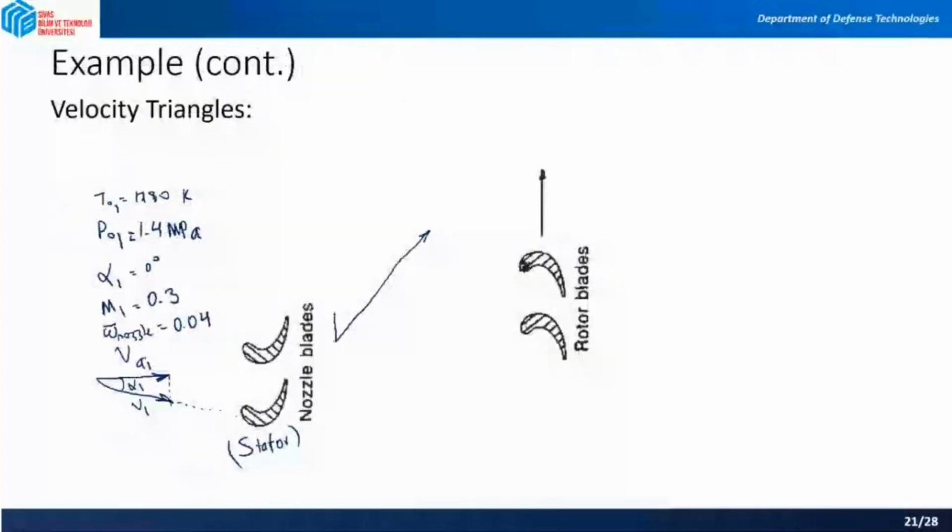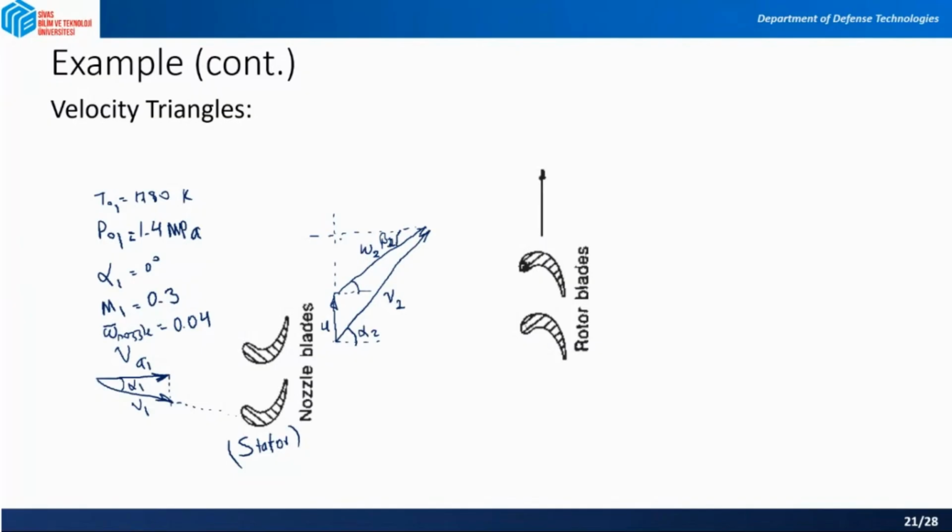So this is your U, and we know that U plus W will give you the absolute velocity V2. In here, this will be your alpha 2. What will be your beta 2? This will be your beta 2, so this is your beta 2 as well.